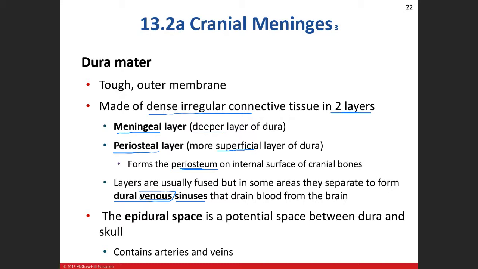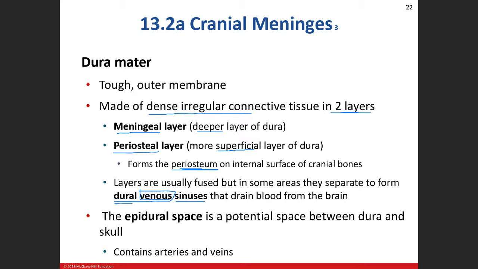I'll show you what we're talking about here. They're not a blood vessel, they're just a space where the deoxygenated blood from your brain will drain into. So keep that in mind.